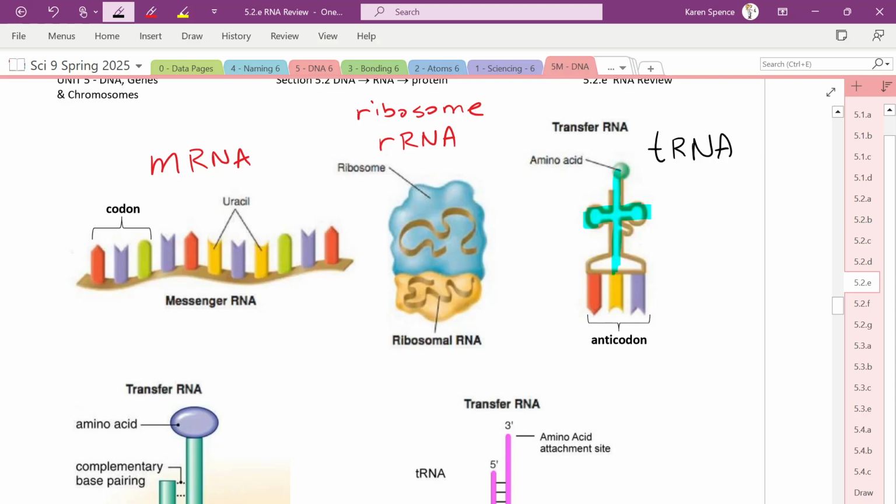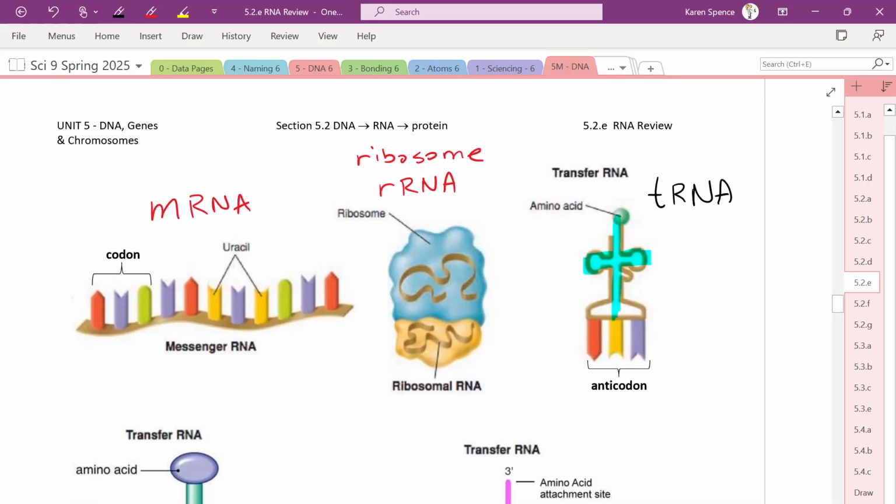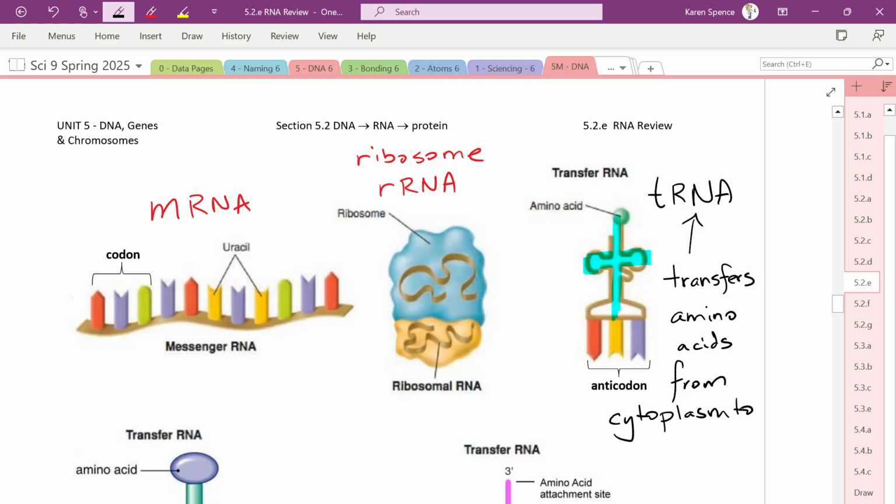What is the tRNA transferring? The transfer RNA transfers amino acids from the cytoplasm to the ribosome.